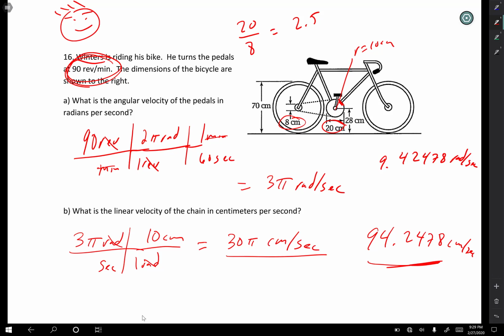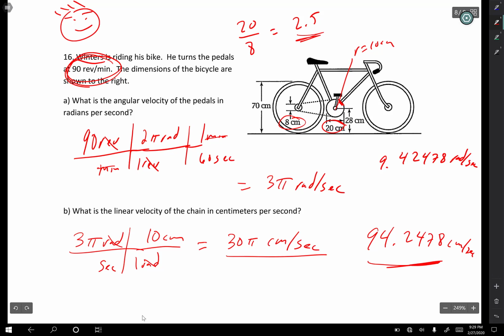So what that means in layman's terms is every time this front sprocket does 1 revolution, the little sprocket does 2.5 revolutions. Now remember, the back sprocket is tied to the back wheel here. So having said that, oh look, I didn't even know I had that. I just learned that right now. Having said that, I lost my train of thought. Oh yeah.